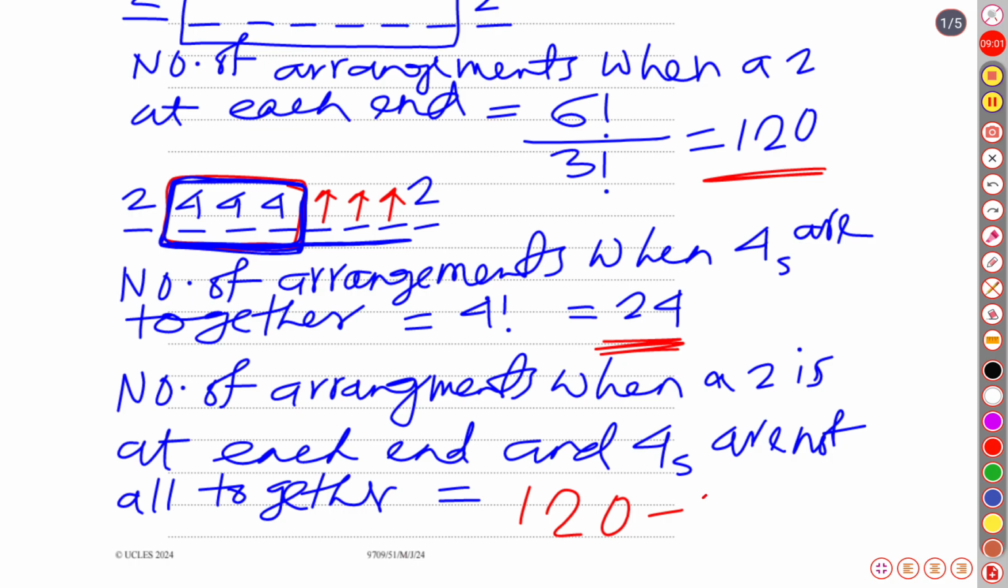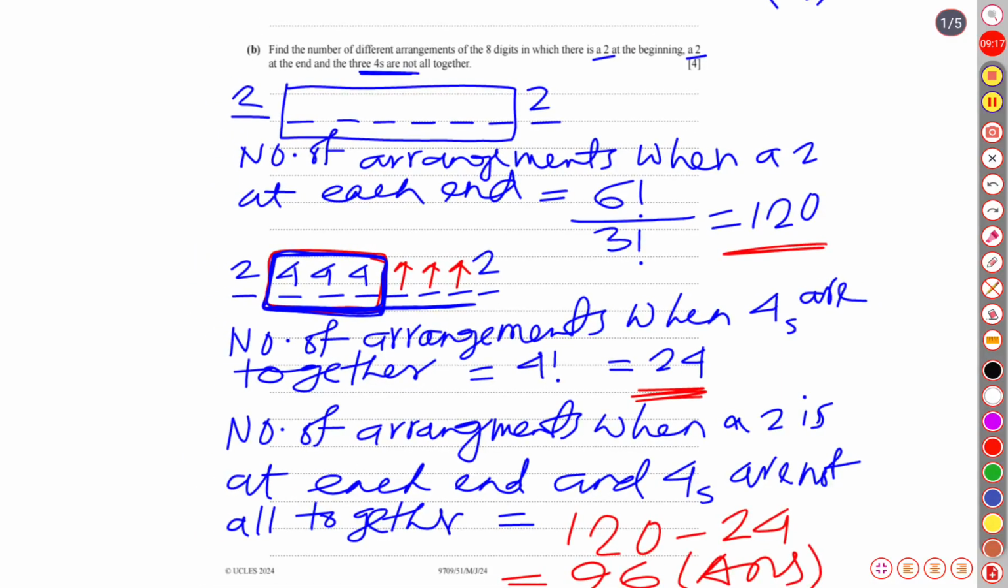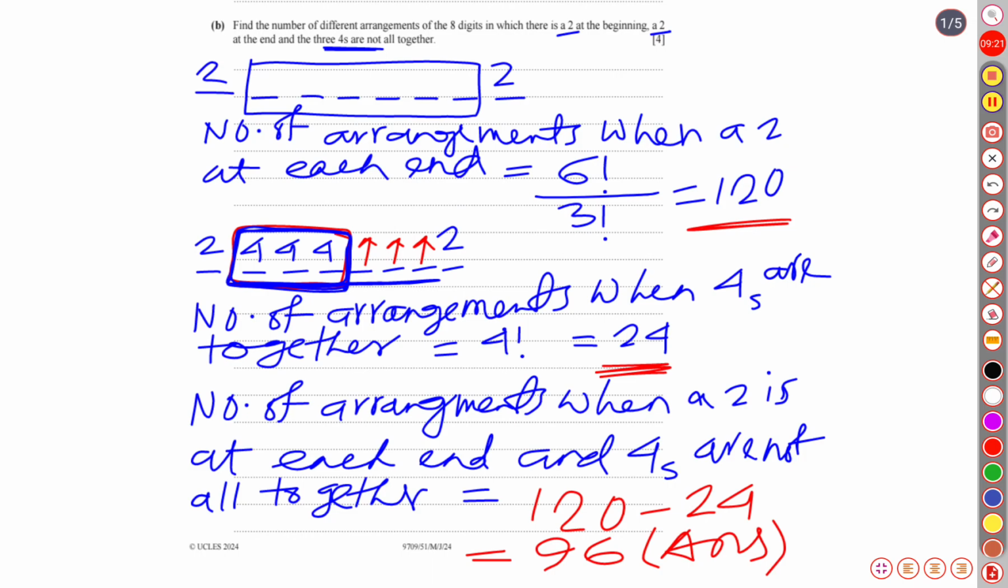So we just subtract this 24. If we subtract 24 from 120, there will be only 96, which is the number of arrangements. The answer is 96.